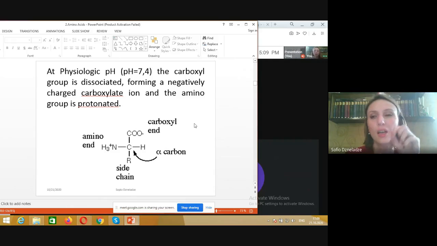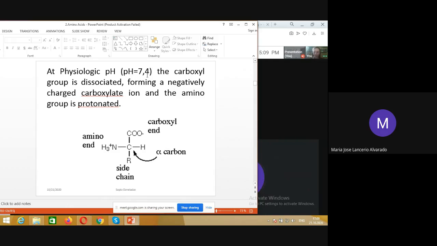Now remind me why it's written here physiological pH equals 7.4. It is the blood pH.